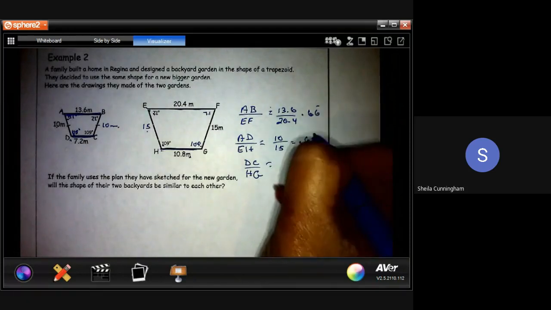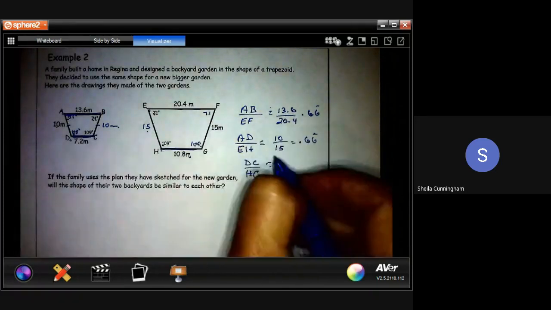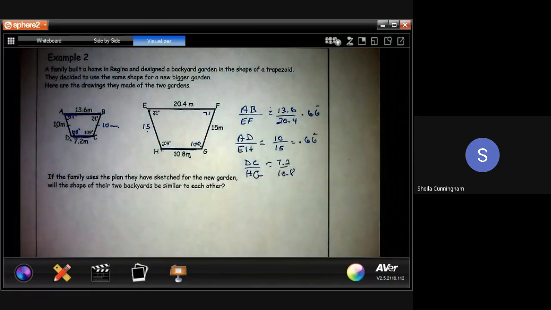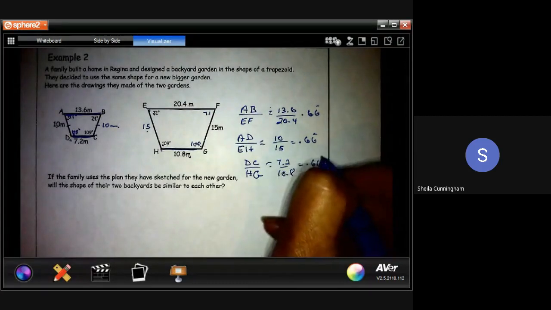Those two sides, so far so good, we're seeing the same ratio. Let's do the last side. We've got 7.2 to 10.8. So 7.2 divided by 10.8, and I also get 0.6 repeating.